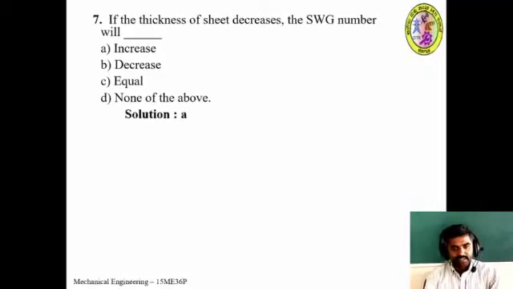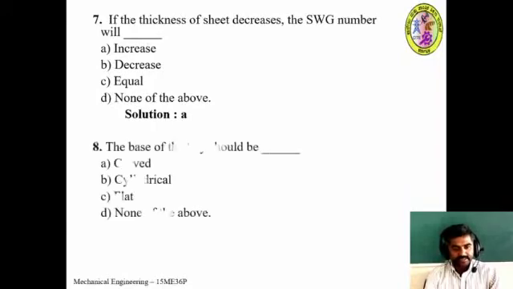That means as the thickness of the sheet decreases, the SWG number increases. The next one: the base of the tray should be A, curved; B, cylindrical; C, flat; D, none of the above. The answer is C, it should be flat.